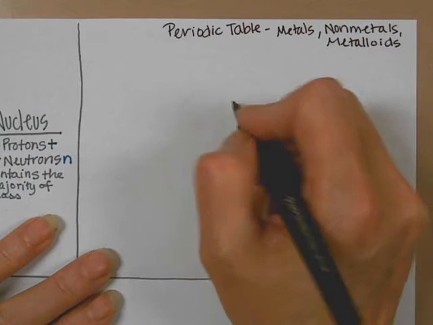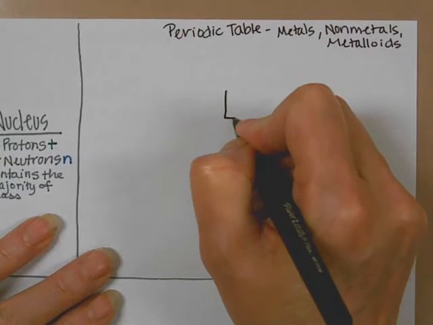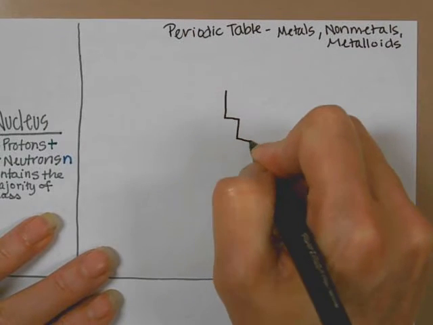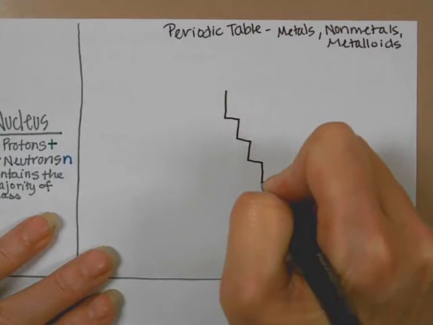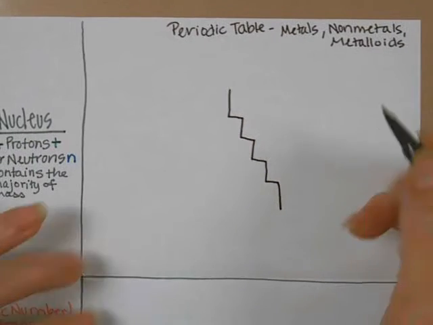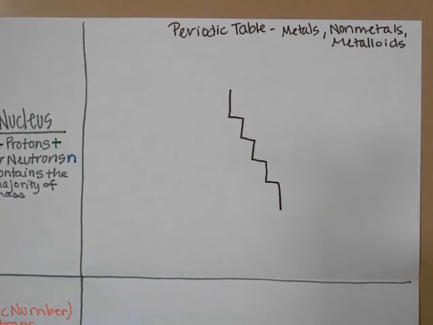So remember, the stair step on the periodic table is the magical dividing line. The stair step separates metals from nonmetals.